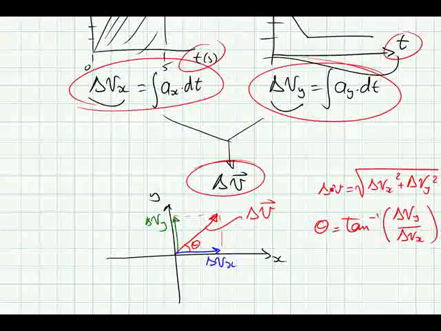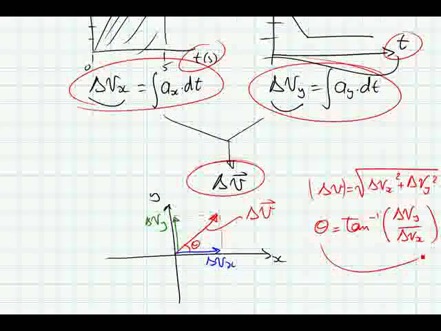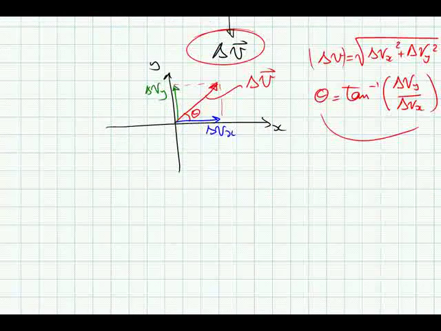Use your Pythagorean theorem to get the magnitude of delta V, and use your trig function to get the angle that it makes with respect to the positive x-axis in this case.